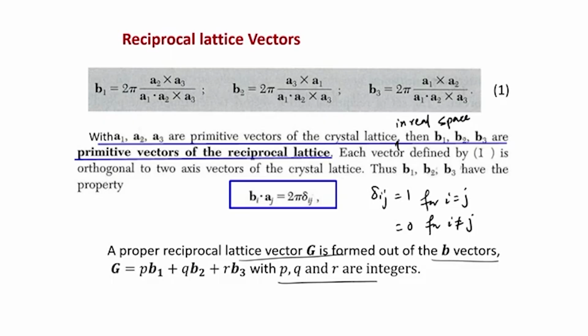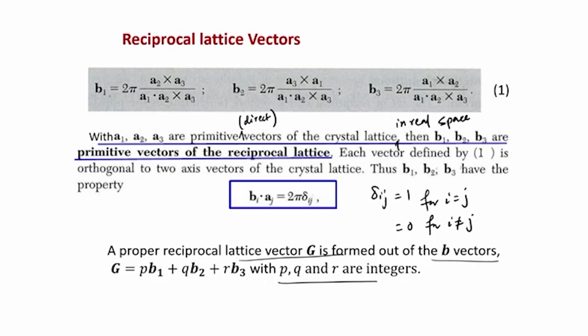We require definitions of the unit cells, like the primitive unit cell, the Wigner-Seitz cell, and these direct lattice vectors. So, A1, A2, A3 are also called direct lattice vectors. They are the vectors in real space, and B1, B2, B3 are the primitive vectors in the reciprocal space.